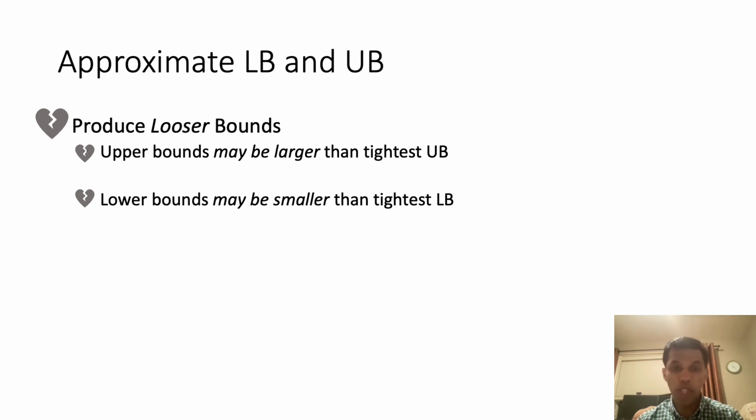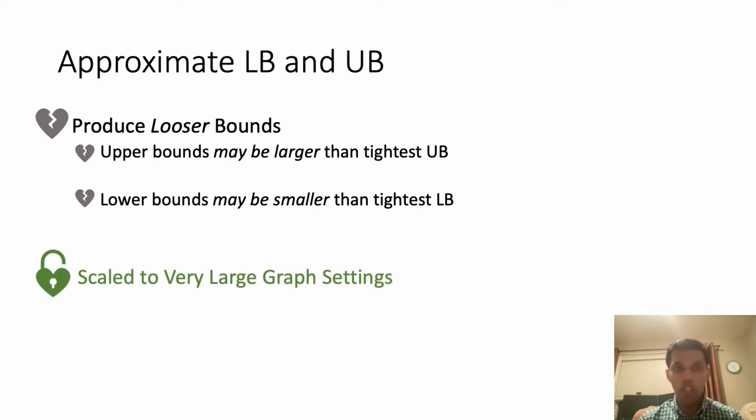Thus we started trading off the accuracy of the lower and upper bounds for scalability. Even though these algorithms produce looser bounds, with the upper bounds possibly larger and the lower bounds possibly smaller, we have unlocked the power to solve very large graph settings.